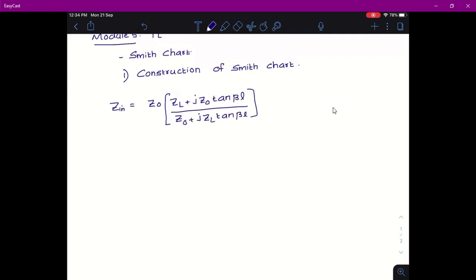So this is for the lossless transmission line. So here also in Smith chart, we are considering only the lossless transmission line. But considering this equation, if you are given ZL, Z0, etc., and beta is equal to 2 pi by lambda, where lambda is the wavelength, let's say you are also given L, let's say this is 10 centimeter.